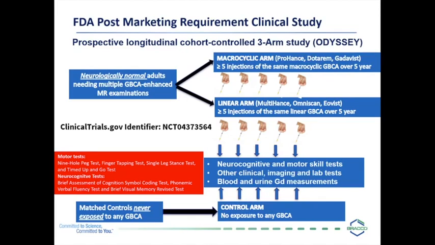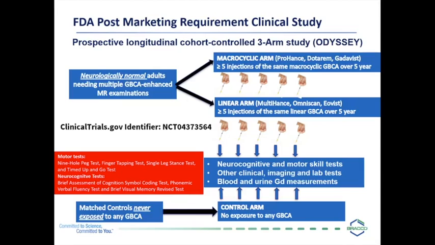The study has been named Odyssey and is going to last many years, considering the size, design, and complex study requirements. The study will require about 2,000 participants in groups of patients exposed to linears, to macrocyclics, and controls never exposed to GBCAs.